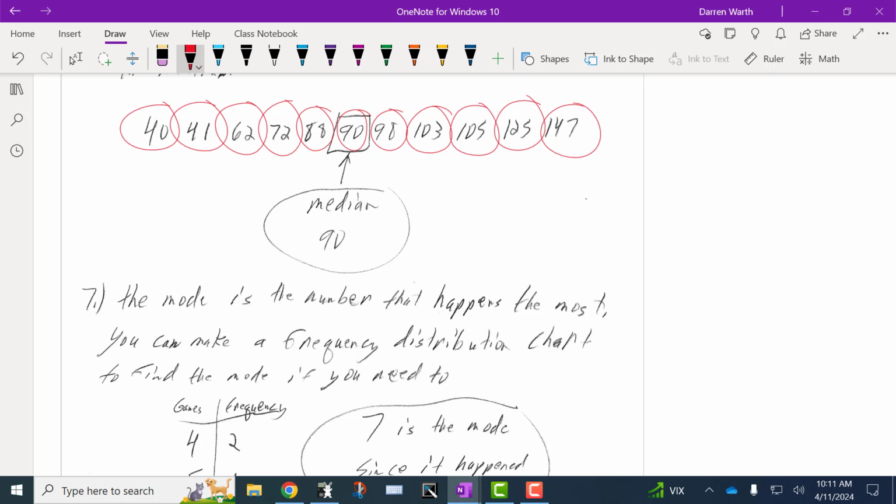So notice this one does have a true middle because there's an odd number here. 1, 2, 3, 4, 5, 6, 7, 8, 9, 10, 11. So that means that on this side from here to here, I've got a total of 5 items. And on this side from here to here, I've got 5 items. So my median, or my middle, is going to be right in the middle, which is the answer of 90.